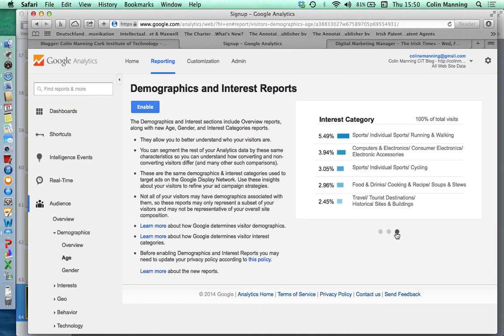it's telling me that 5.5% of them are interested in sports, individual sports, running and walking. Now you might ask, how in the name of God does it know? But obviously it's decided it knows that about those people. Food and drinks, cooking and recipes, soups and stews, 3%.